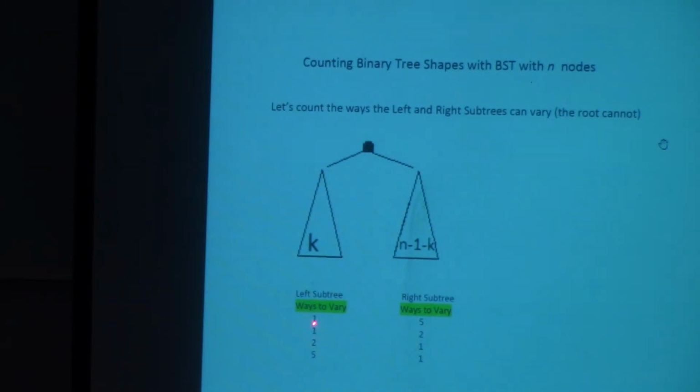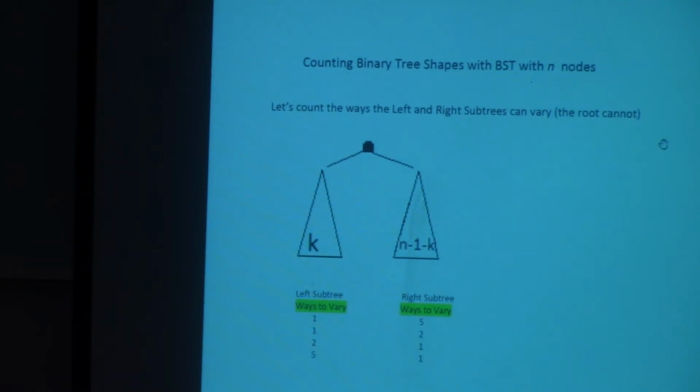So that means there's only 1 shape possible here, but 2 possible shapes here. So if I take this fixed shape, one of them, and I match it with 1, and then I match it with another, so I can go down and down, I can go down and over, 2 of them. So this shape, which is fixed, can be matched with 1 that goes like this, or 1 that goes like this, making a total of 2 different shapes.